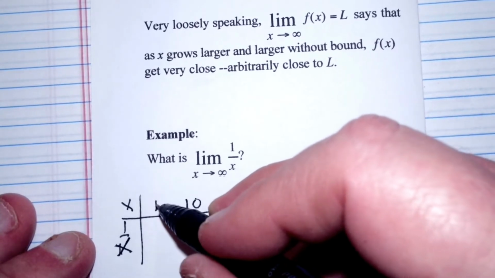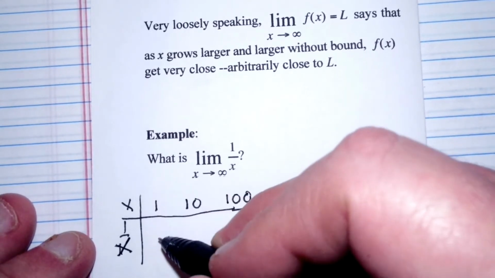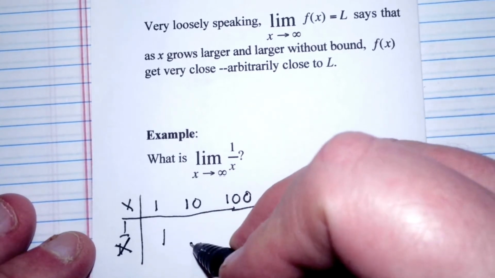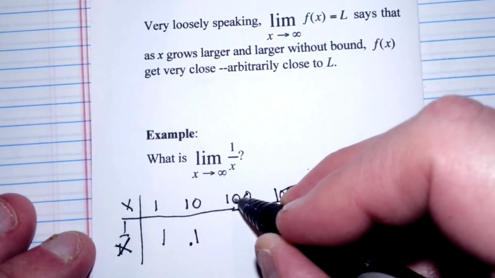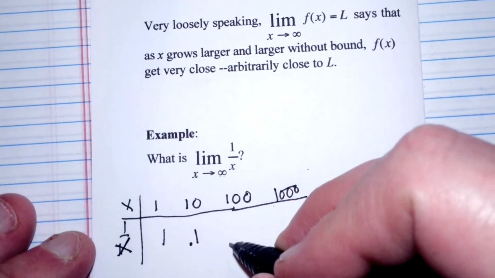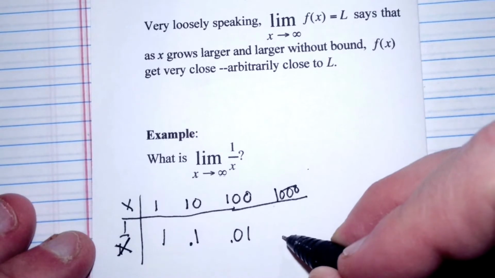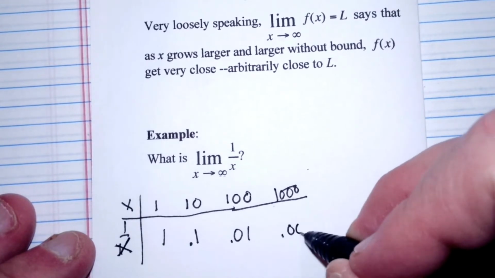Alright, so if x is 1, then 1 over x is 1. If x is 10, then 1 over x is 0.1. If x is 100, then 1 over x is 0.01. And if x is 1,000, then 1 over x is 0.001.